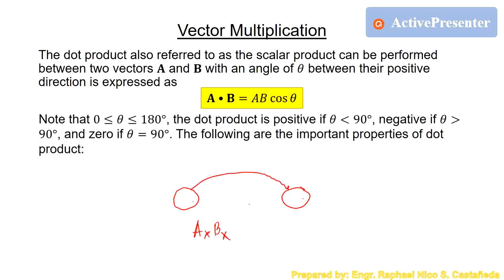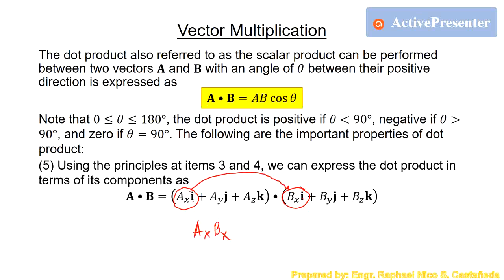I dot i is 1. Next, if we apply that product here, the answer is 0, because i dot j is 0.